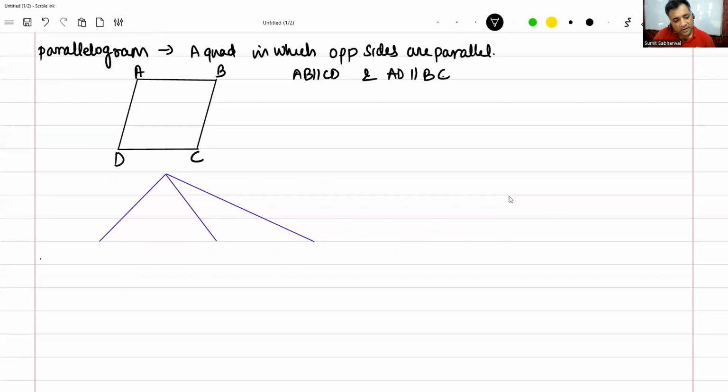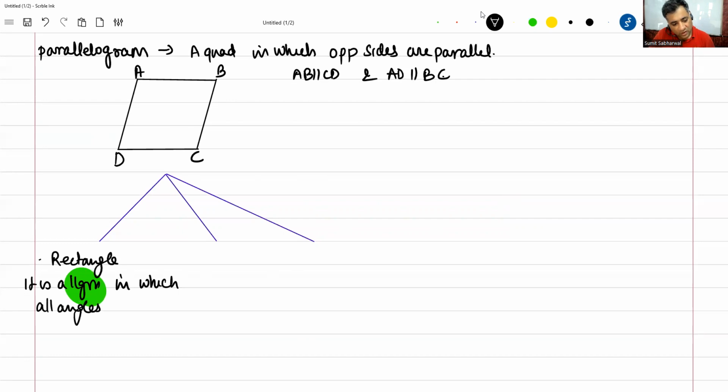First one we can say rectangle. Now, what is a rectangle? It is a parallelogram. Now, this is a symbol for parallelogram, I'll be using it further as well, in which all angles are right angles.